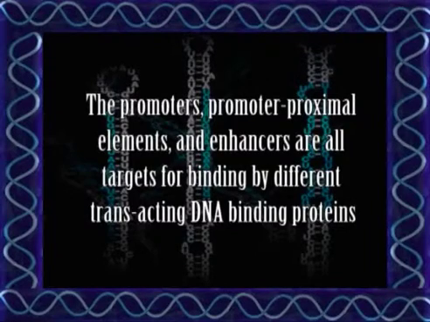For RNA polymerase II to transcribe DNA into RNA at a maximum rate, multiple cis-acting regulatory elements must play a part. The promoters, promoter proximal elements, and enhancers are all targets for binding by different trans-acting DNA binding proteins.